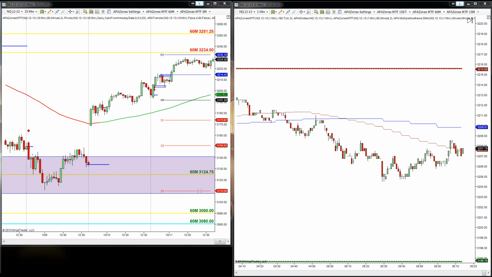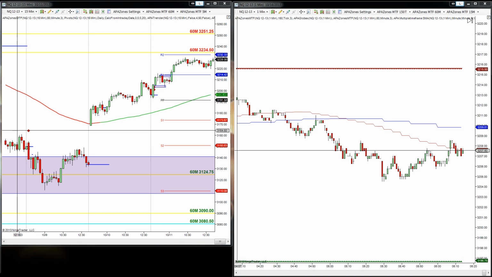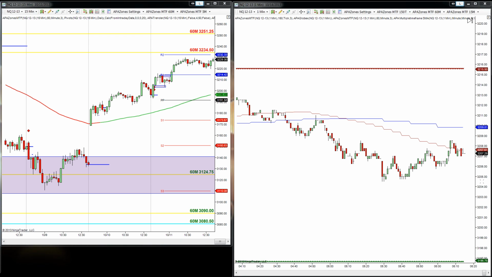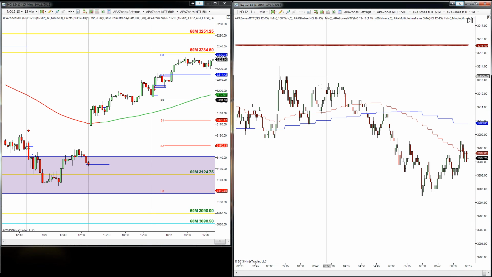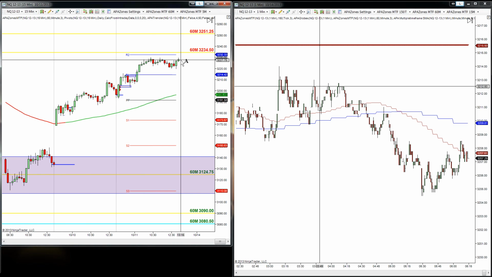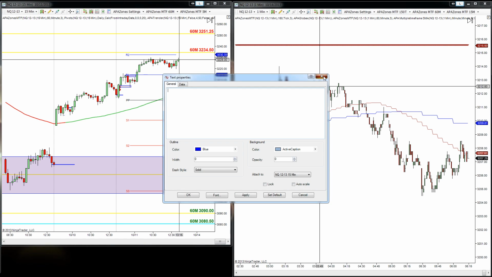Alright, so let's go over to NQ and see what's going on here. First off, I like to take where yesterday's close is and put that into the context of things.